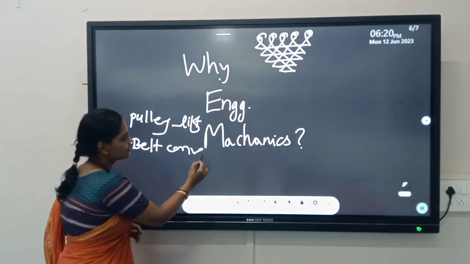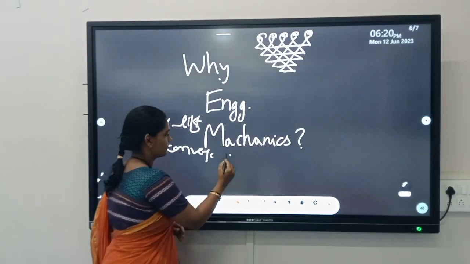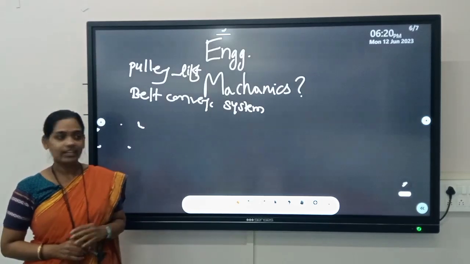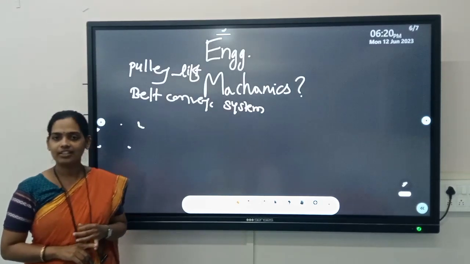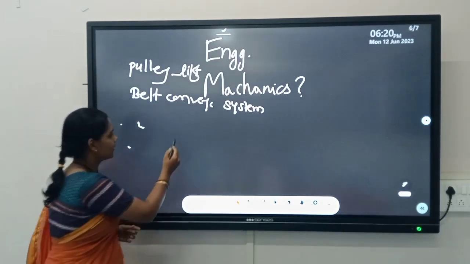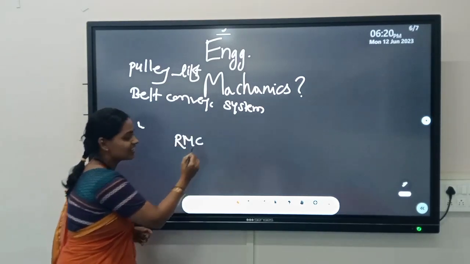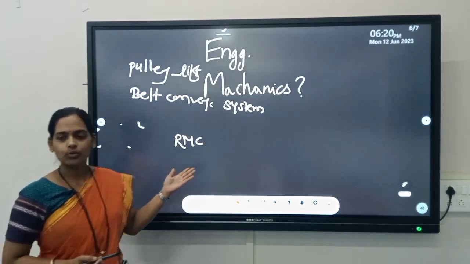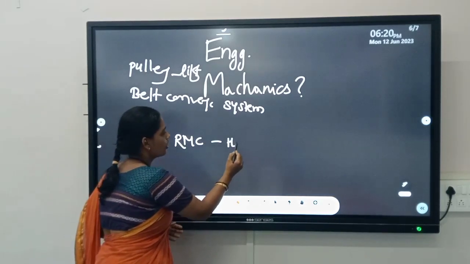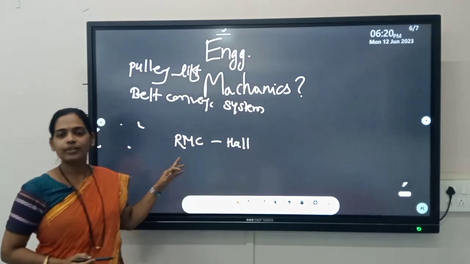When we see the belt conveyor system, yes, belt conveyor system in atta chakki, yes, in RMC plants. What is an RMC plant? RMC is ready mix concrete. Suppose we have to cast a broad slab for a multi-purpose wall, then we will go for RMC, that is ready mix concrete.